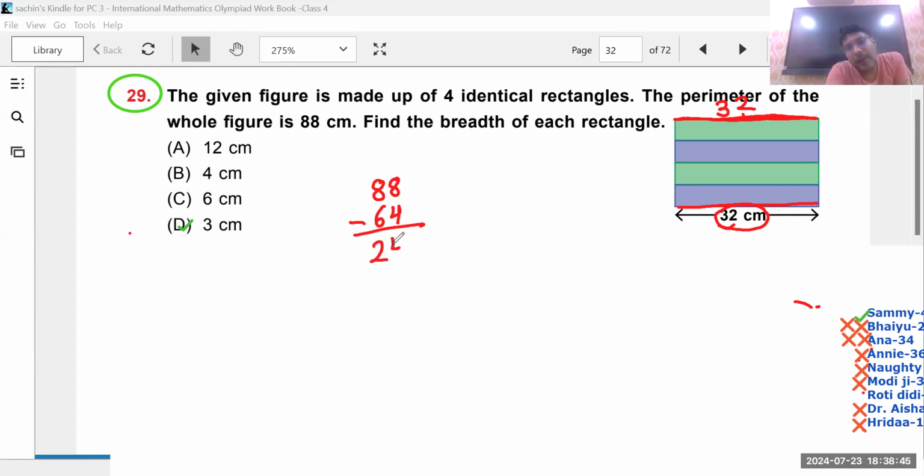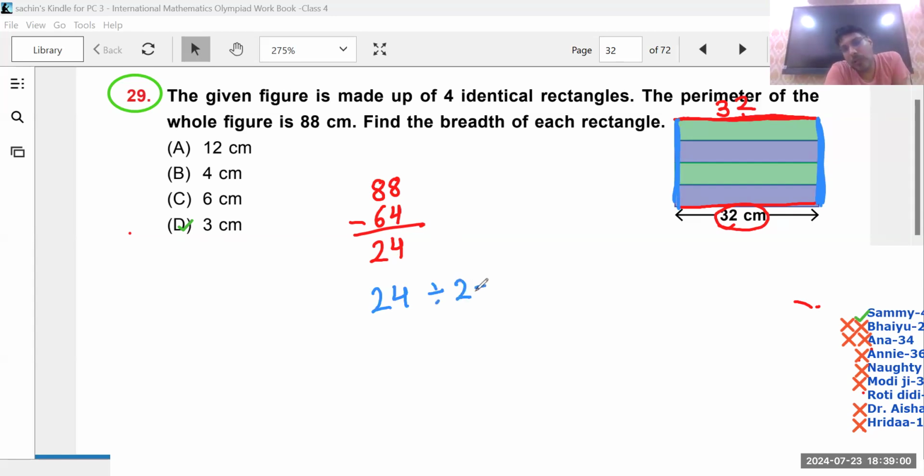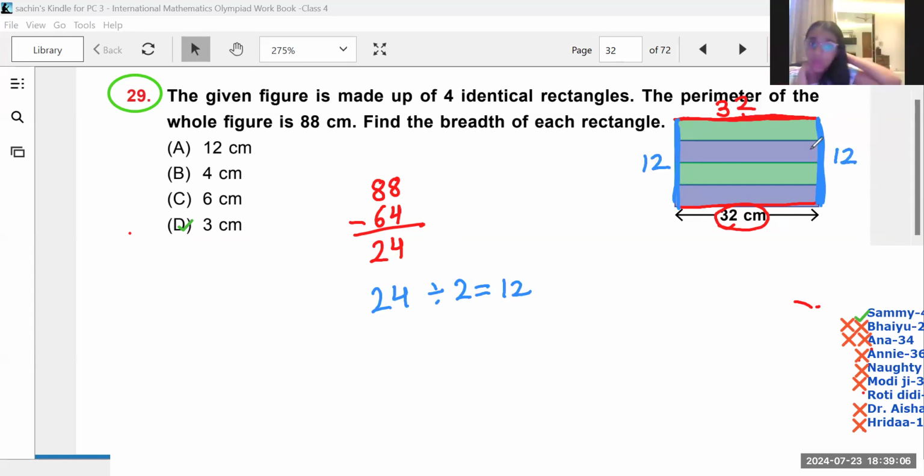I am left with 24 perimeter, correct? Now this 24 perimeter will be divided in two parts. Do you agree, guys? Yes, sir. So one part will be 24 divided by 2, which is equal to 12. So this is 12, this is 12. Do we agree? Yes, sir.